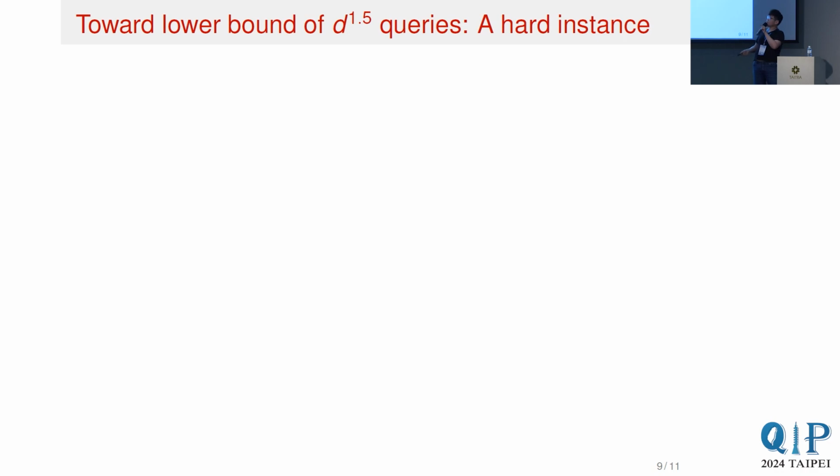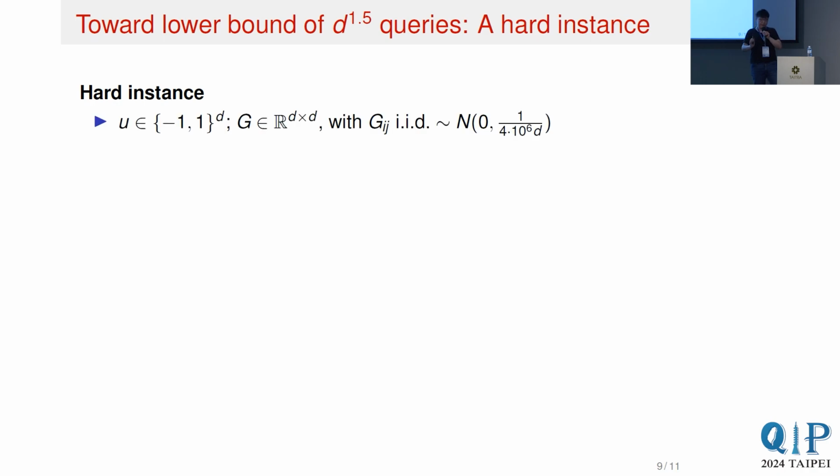Now we are ready to go to the lower bound. As I promised 5 minutes ago, we have a D to the 1.5 lower bound. Let's see the hard instance of this lower bound. The hard instance we consider here is actually a rank 1 matrix plus lots of Gaussian error.